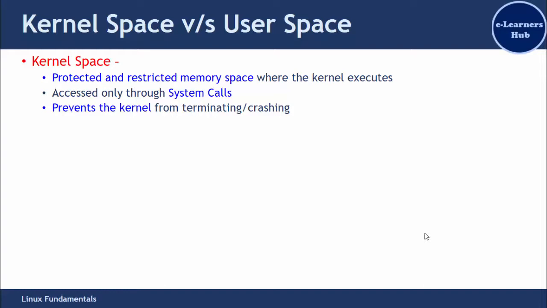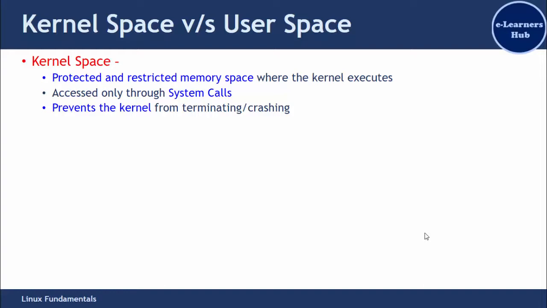System calls are basically the interface between the running processes and the kernel. Say, for example, if you want to save a file or open a file in your system using Microsoft Word, the file is basically lying in the hard disk.